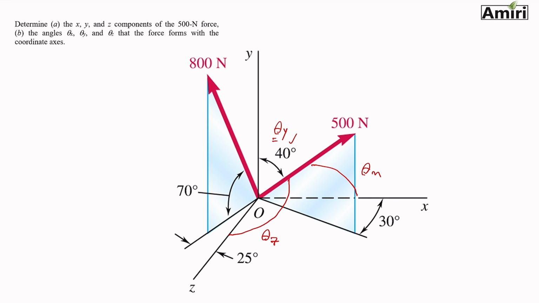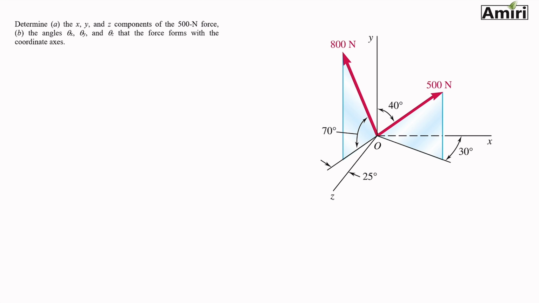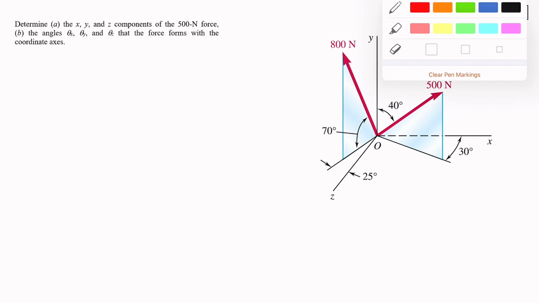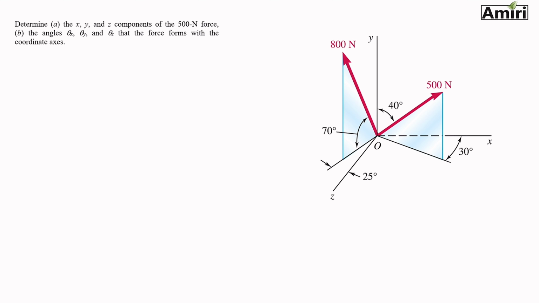So these two are very similar, the 800 and 500. I'll do the 500, you do the 800 as practice. All right, let's get it started. So I'm going to redraw it quick here, to make sure we understand what we are dealing with. So I have 500, and it's kind of casting a shadow.